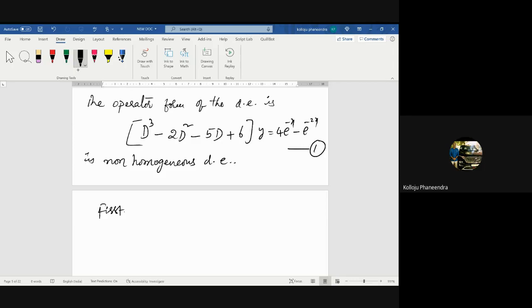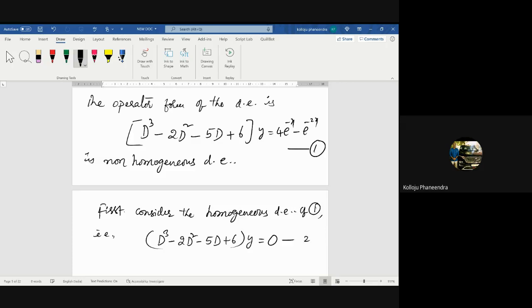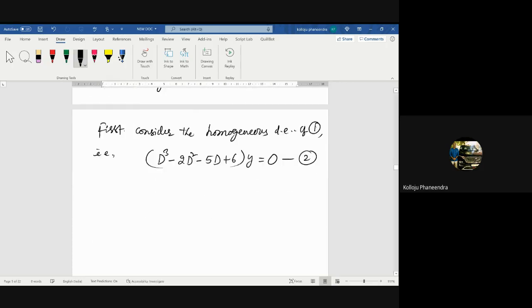So first consider the homogeneous differential equation. The homogeneous differential equation of 1, that is d cube minus 2d square minus 5d plus 6 into y equal to what? 0. The right side function is taken as 0.